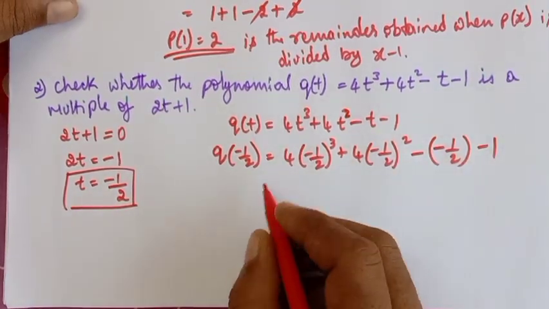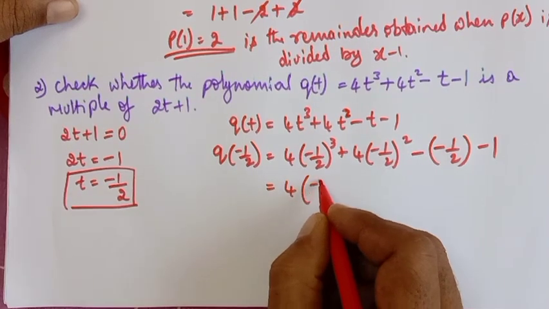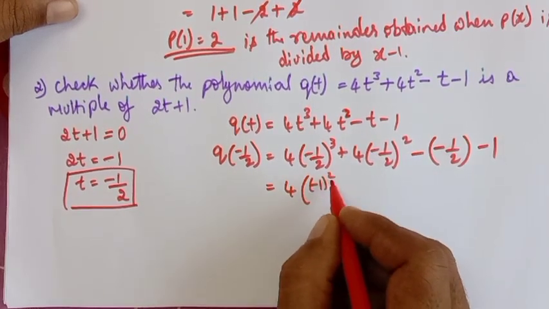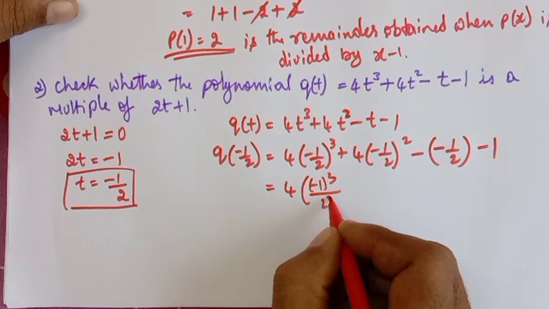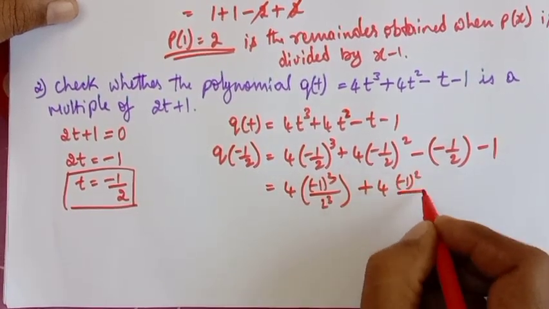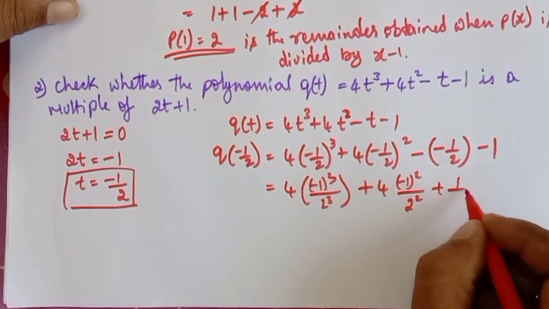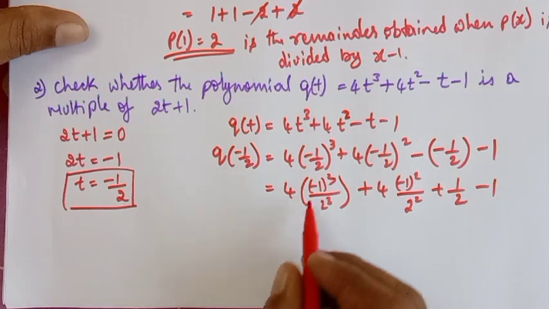So here, 4 into minus 1 whole cube by 2 cube plus 4 into minus 1 whole square by 2 square, minus into minus is plus, 1 by 2 minus 1.